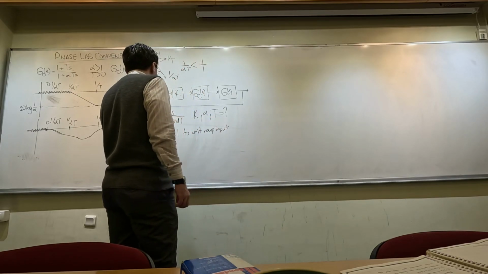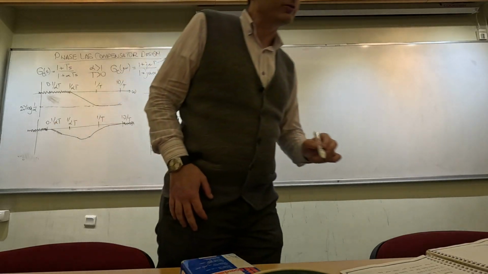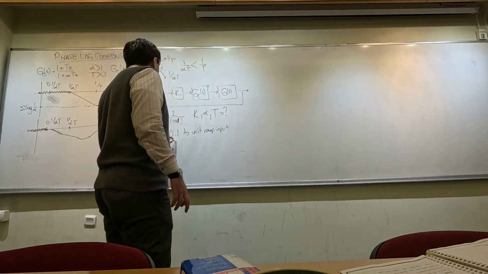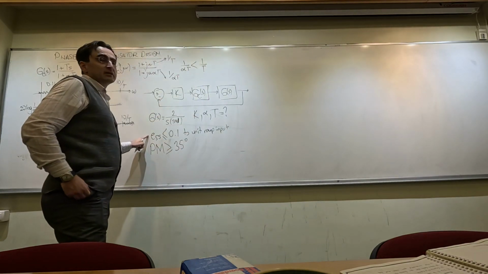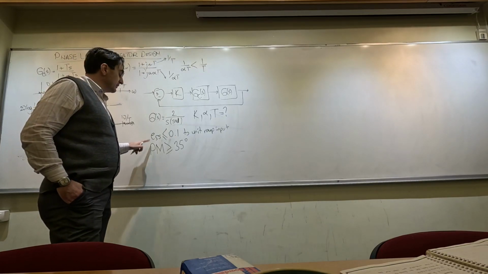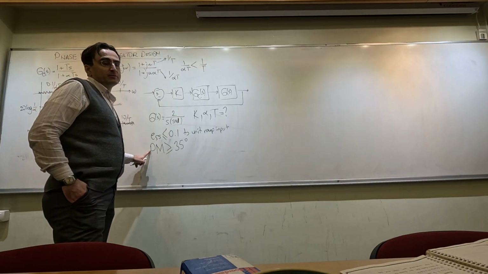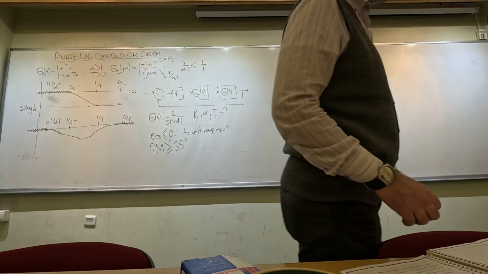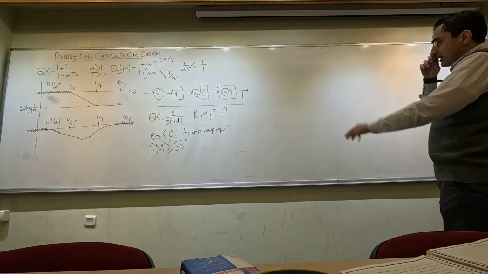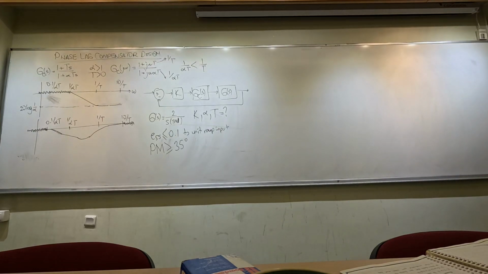And phase margin should be larger than or equal to, in the example, 35 degrees. So this ensures that steady state performance is fine. This ensures that the transient performance that we are going to get is fine. So that is how the design problem is specified.